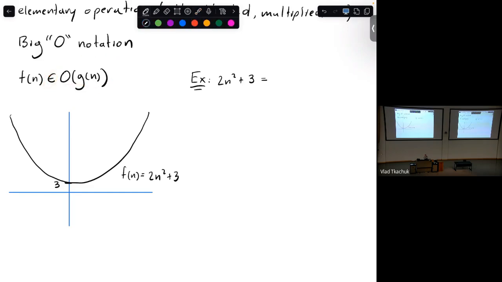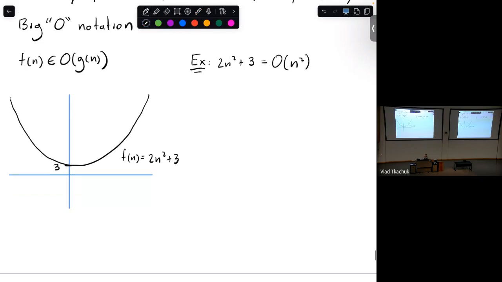You would say that this is in big O of n squared. The idea is that this function grows at most as fast as n squared. The way we frame this precisely is that I can find a function n squared that, when scaled by a constant, at some point will always be larger than the other function.